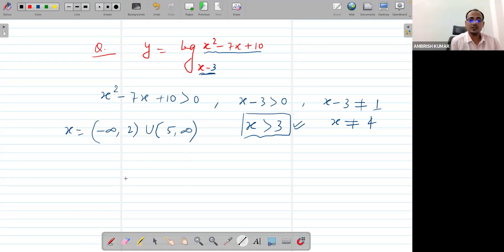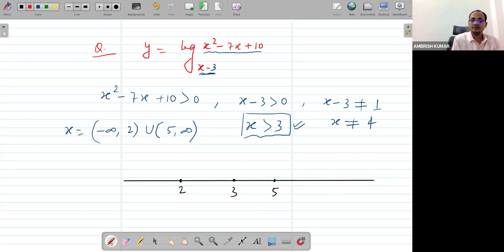So just try to merge this. x has to be greater than 3, which means obviously this negative part is out. Look, you will be having the number 2 somewhere, let us say here we have the number 2, here we have the number 3, after that we have the number 5. x greater than 3 means open, not closed. But between 3 and 5, somewhere you will have the number 4, and that cannot be part of the answer.